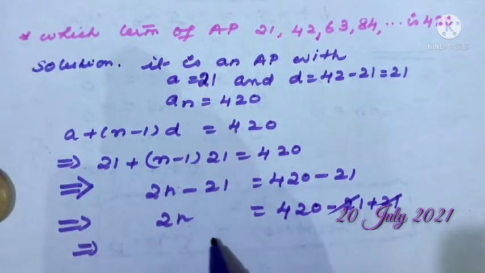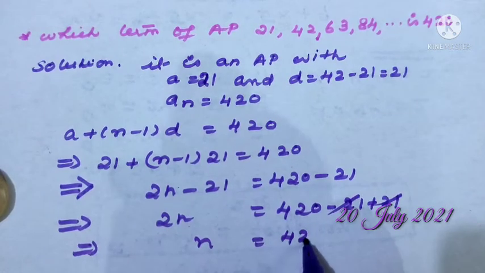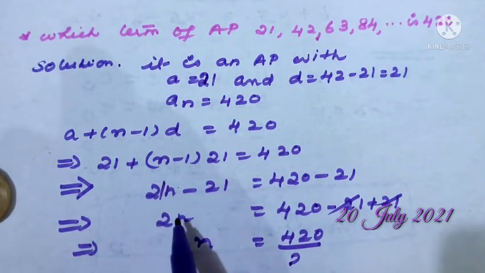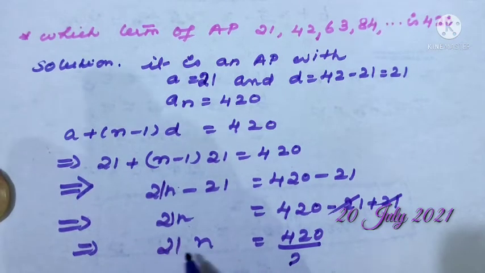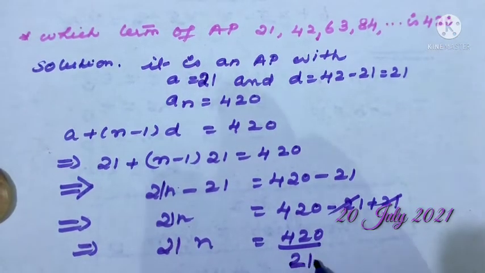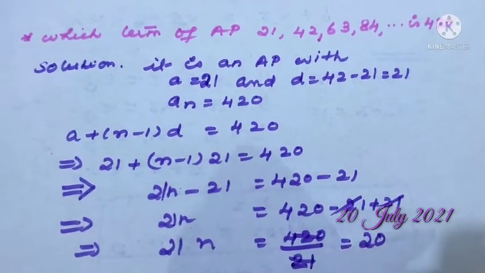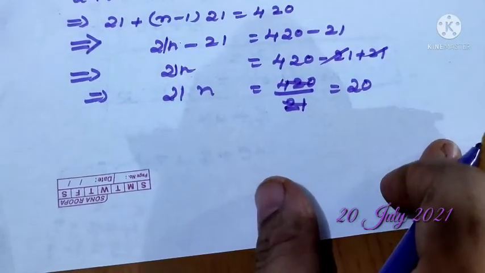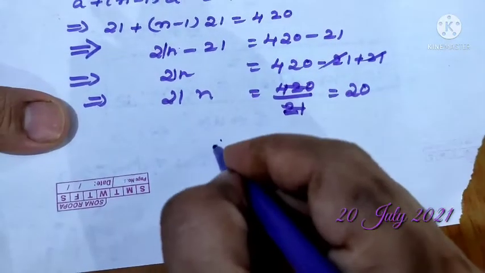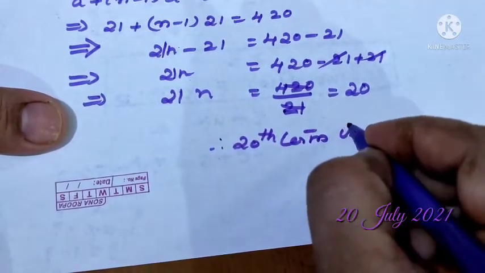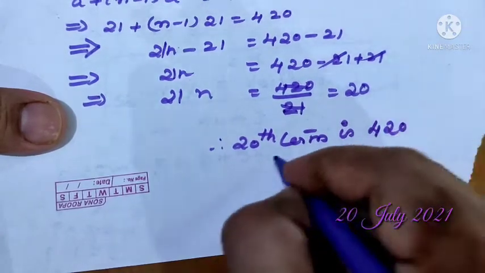So N equal to 420 divided by 21. So therefore the 20th term is 420.